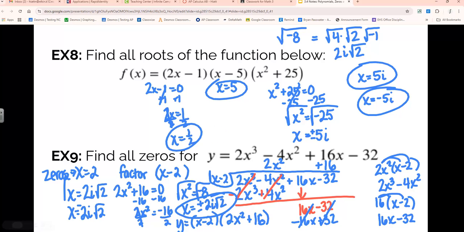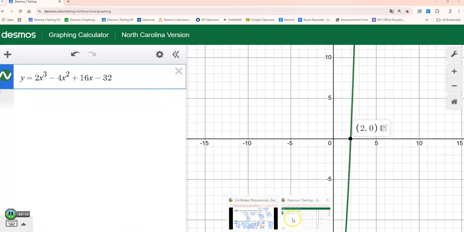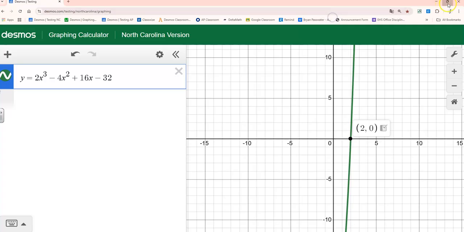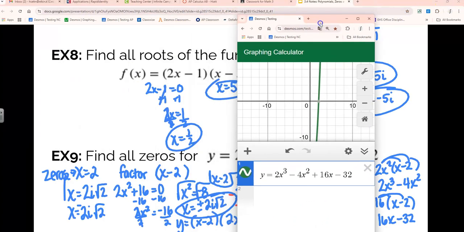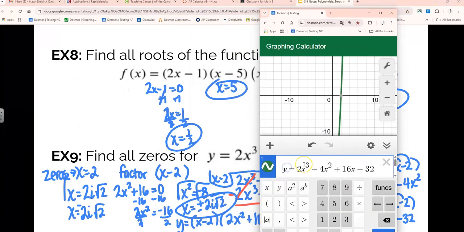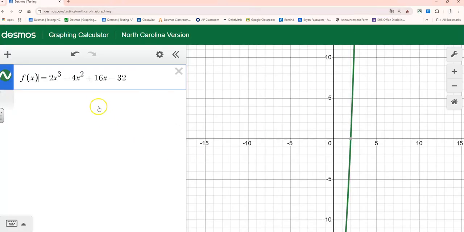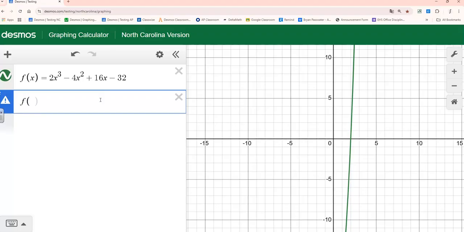Let's see here. I don't know if Desmos will do this or not. Let's see if it will. So let's say, I'm going to change this to f of x instead of y. If you're wanting to check your work beyond the graph, you definitely could just do f of 2 and make sure you do get 0.